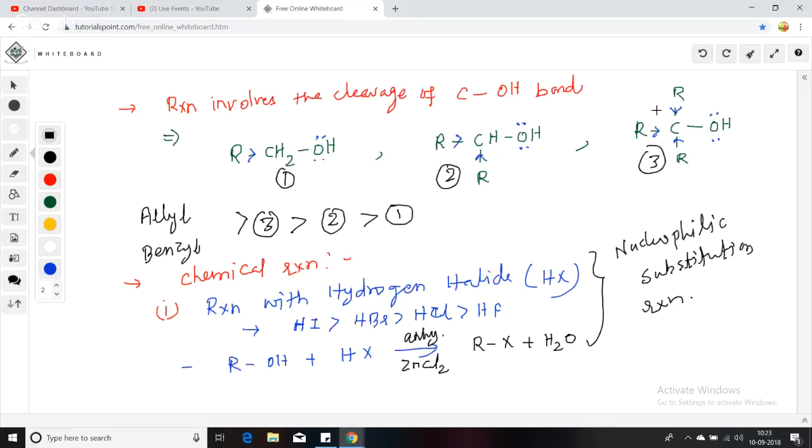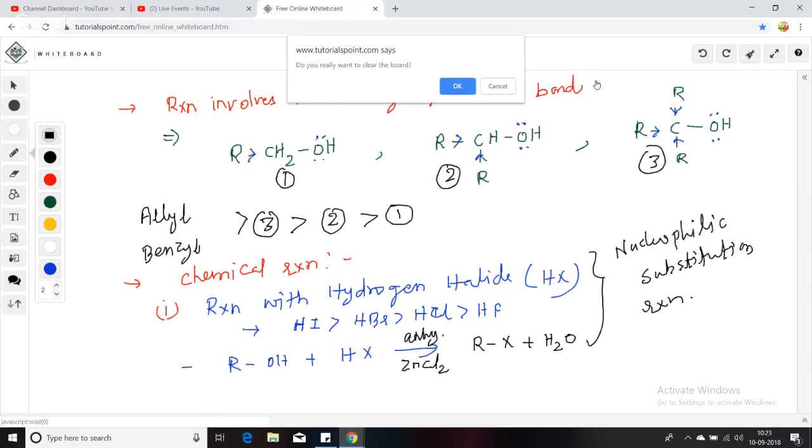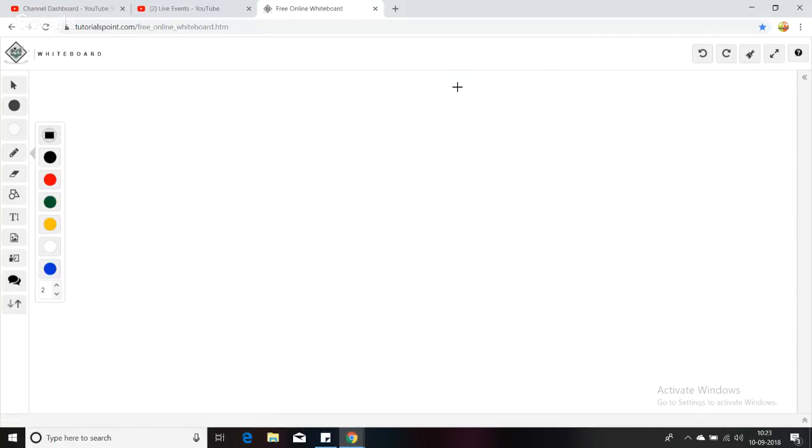Okay. Now, 2, 3 additional points or facts for this reaction you write down. 1 degree alcohol, if you have, this follows SN2 mechanism.